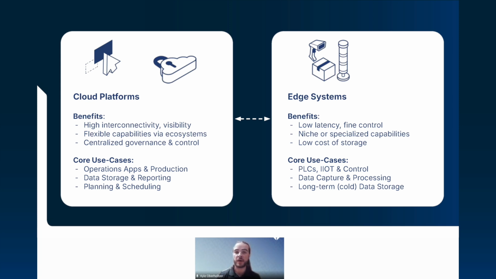So the first lesson that we absolutely want to make sure that we know is that there is a difference between the value of a cloud platform and an edge system. If I want to complete a digital transformation project for my organization, the reasons I'm going to the cloud should be because I want interconnectability and visibility and data transparency. I want centralized governance and control across multiple regions and spaces and sites.